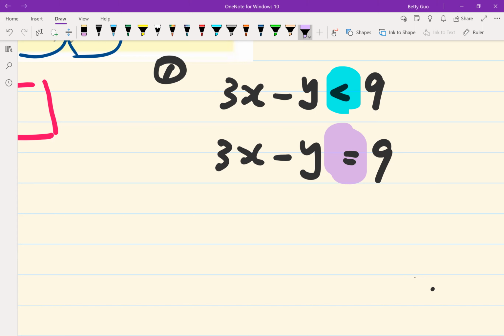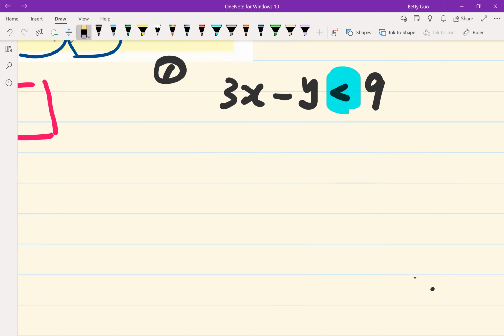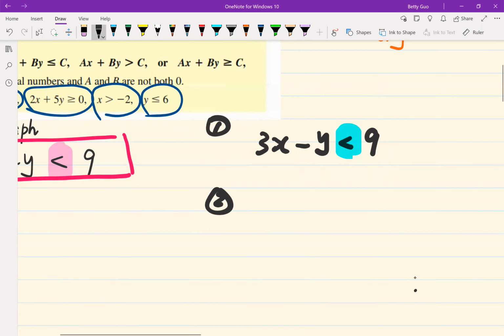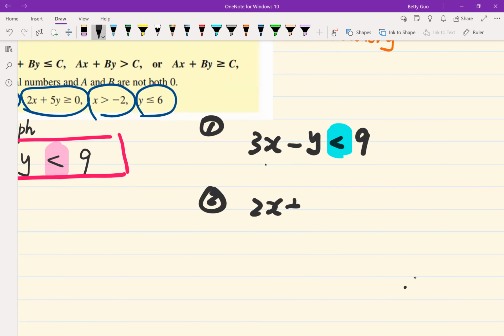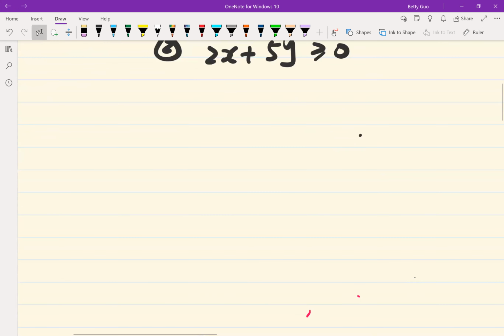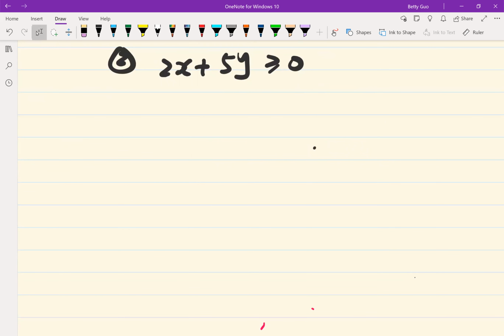This is how we identify a linear inequality in two variables. Let's see the second inequality. It is 2x plus 5y bigger than or equal to 0. How do you know this inequality is a linear inequality in two variables? What's the trick that I just told you?